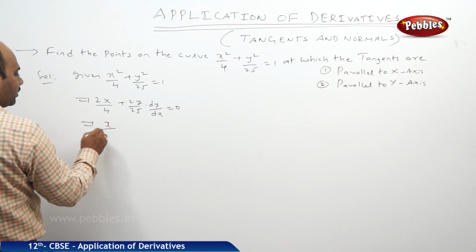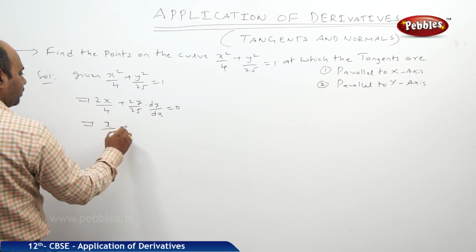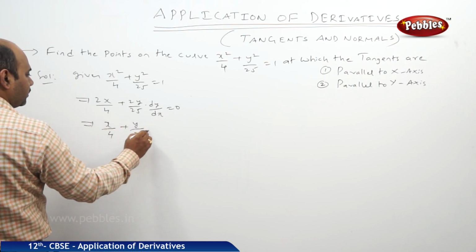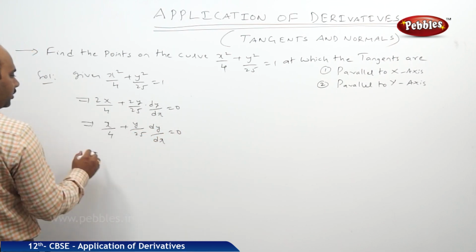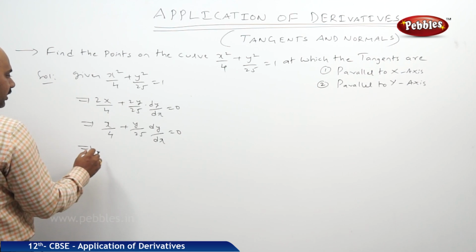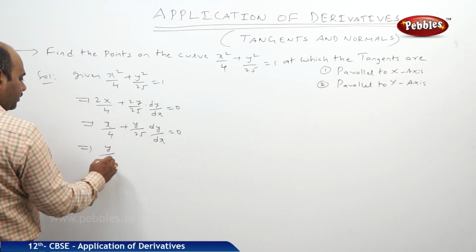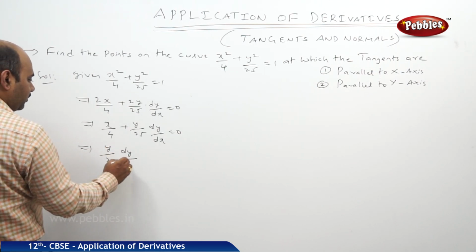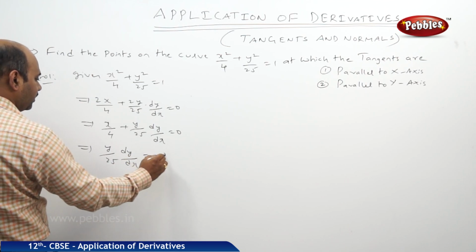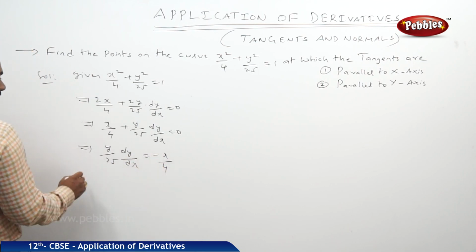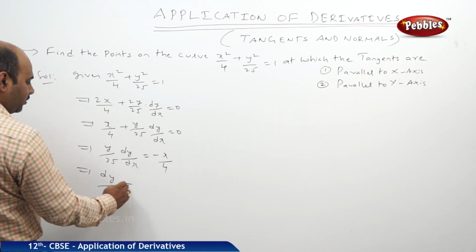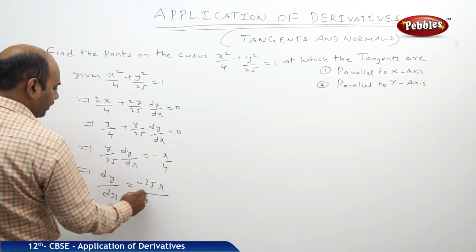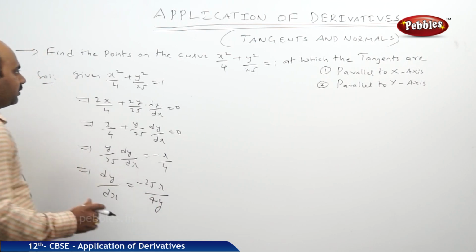So x by 4 plus y by 25 into dy by dx equal to 0. From here what can I tell? y by 25 into dy by dx is equal to minus x by 4. So dy by dx is equal to minus 25x divided by 4y.